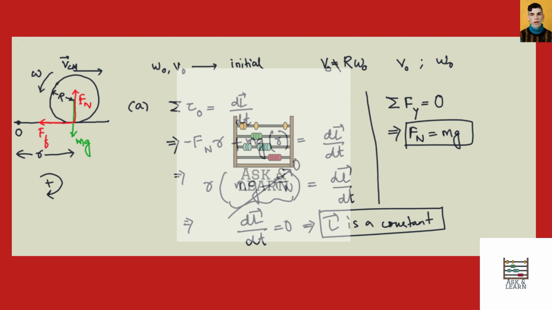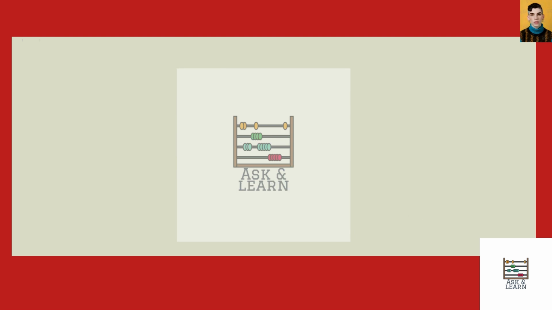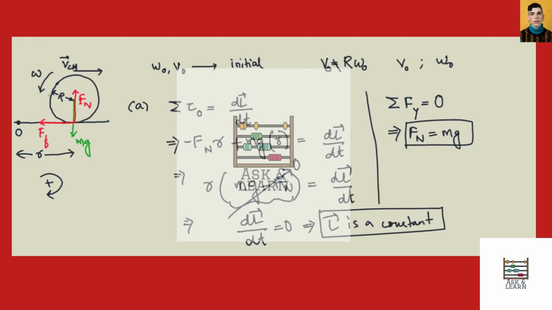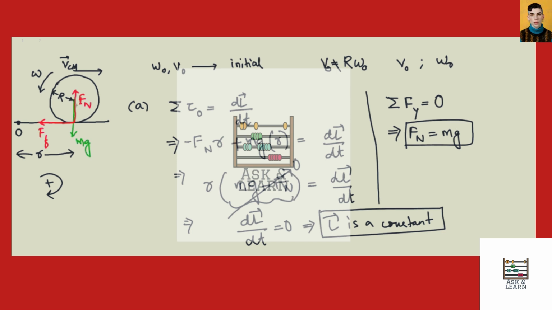So for the second part, we follow the hint given in the problem and express the total angular momentum as a sum of two terms, which is angular momentum with respect to the center of mass plus the rotational angular momentum about it. So the angular momentum for the center of mass will be m r times the velocity of the center of mass.